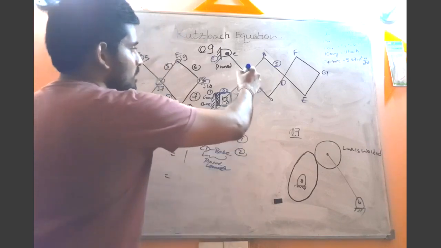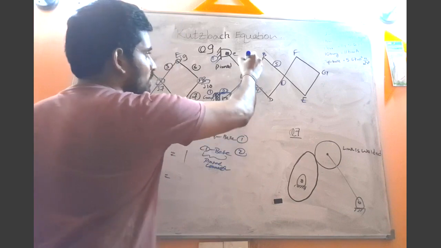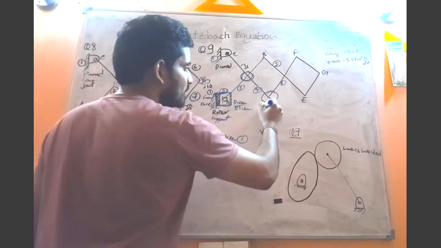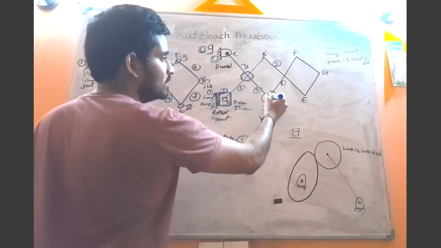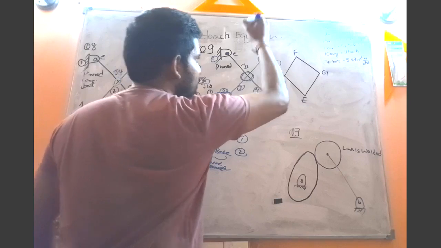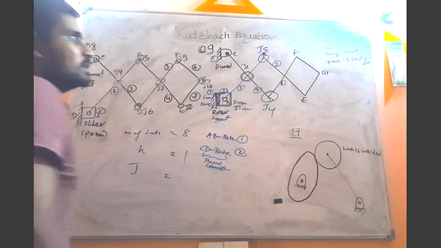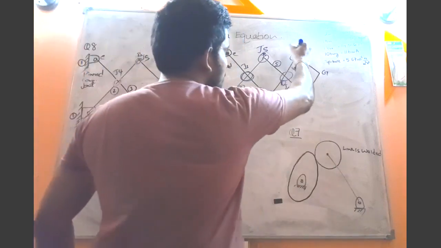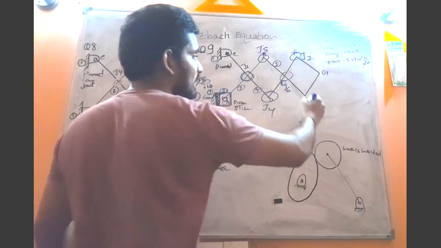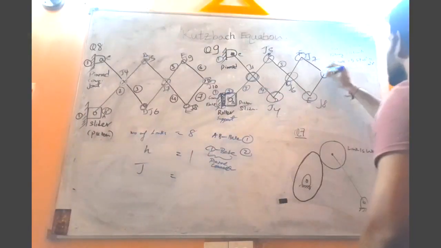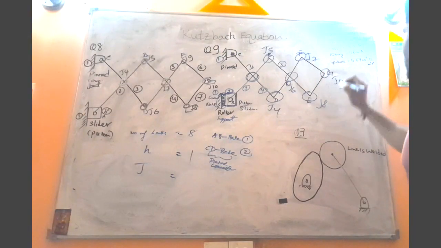Then this one is joint number 3, joint number 4, this one joint number 5, this one joint number 6, this one joint number 7, and this one joint number 8. And the last joint is this one, joint number 9, right?